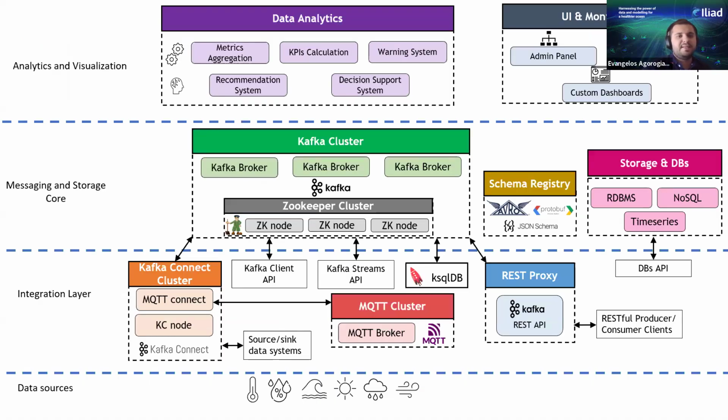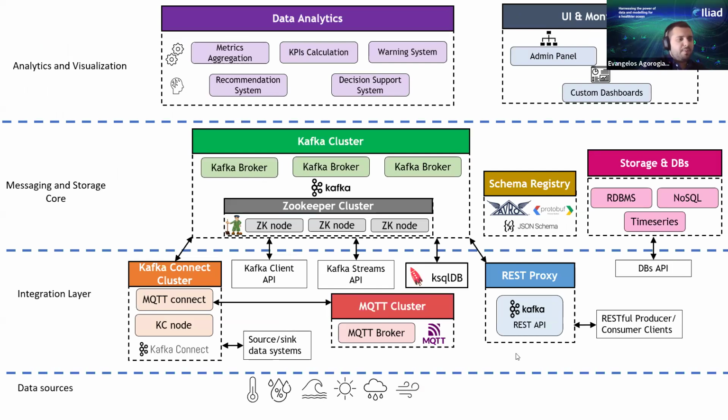Starting from bottom to top, we have the analytics and visualization layer, the messaging and storage core, and the integration layer. And of course, we have the data sources from which we are gathering our data.